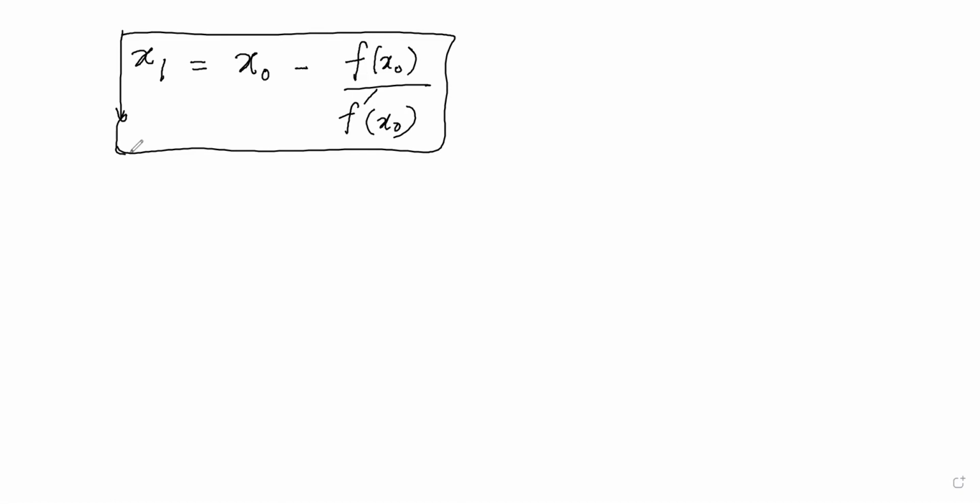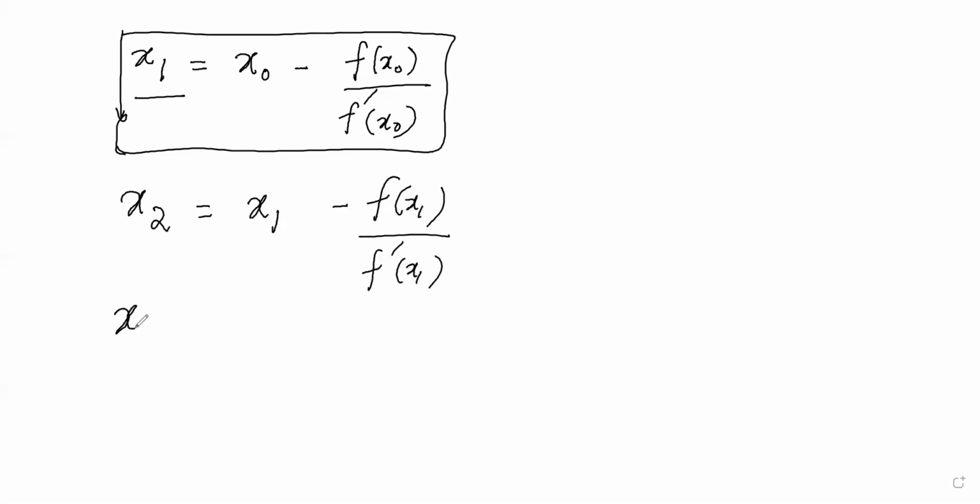Now we have to keep on going. We have to take the next approximation, that will be in terms of x1. So the next approximation will be x2 is equal to x1 minus f of x1 divided by f prime x1. The third approximation will be x3 is equal to x2 minus f of x2 divided by f prime x2.